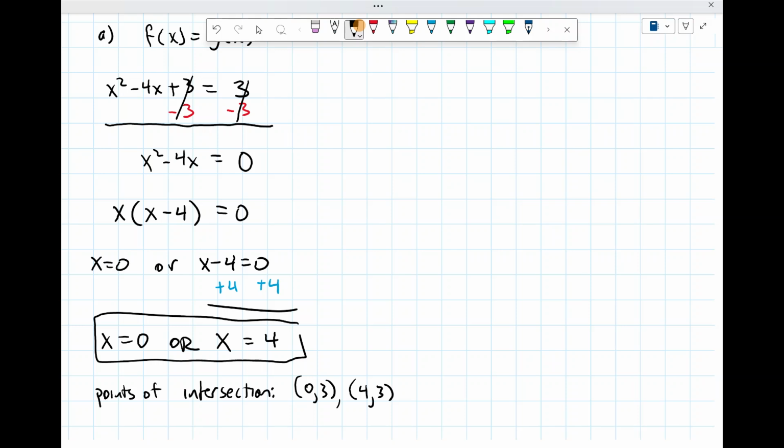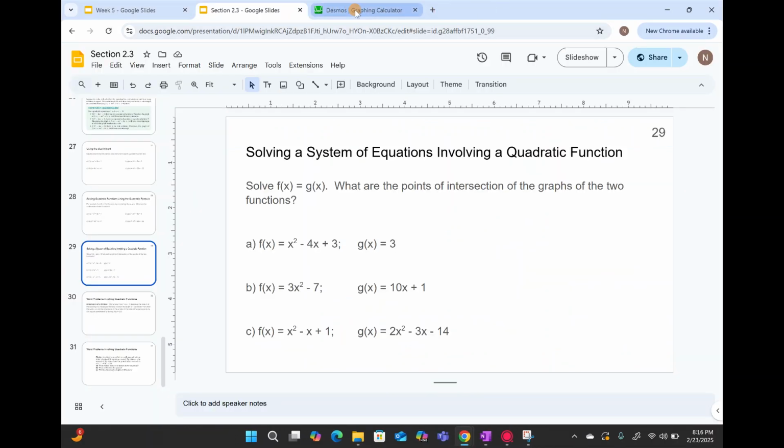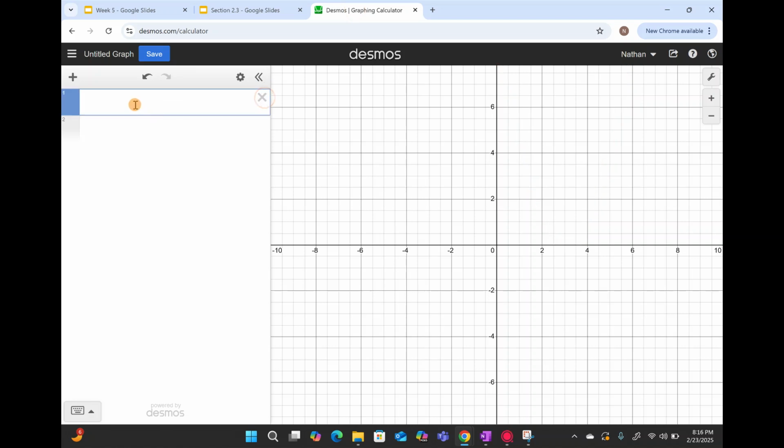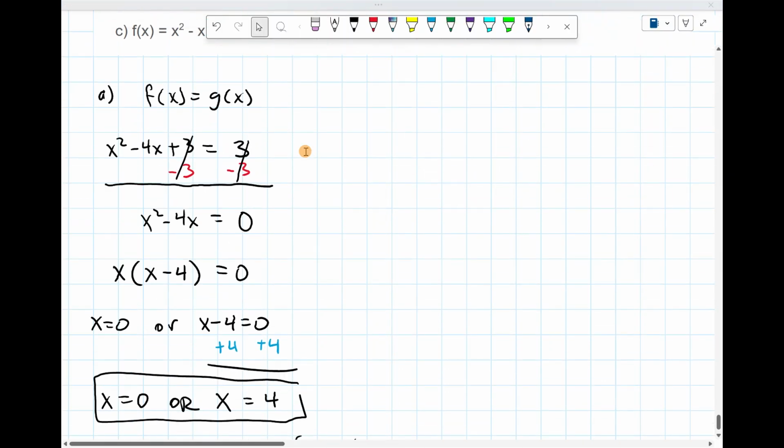Let's go to Desmos and make sure that we did this correctly. And so we'll say g of x equals 3. That's our first. We'll do y equals 3. And the other one was x squared minus 4x plus 3.